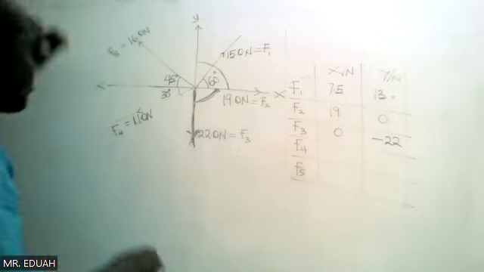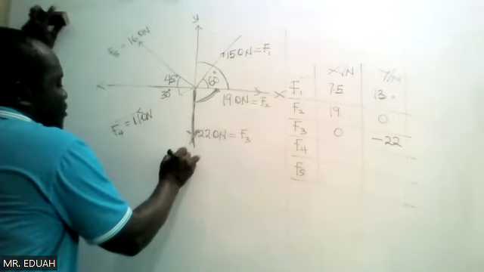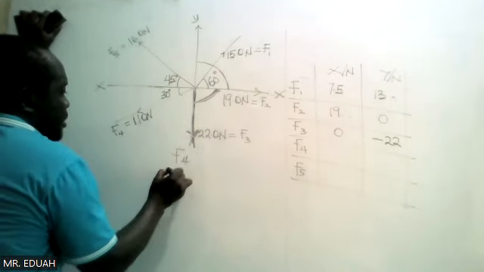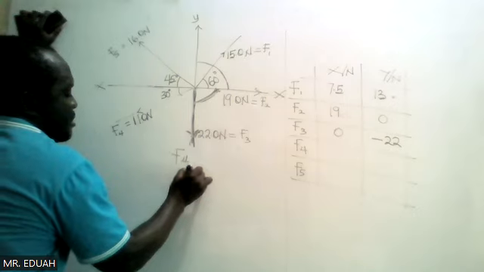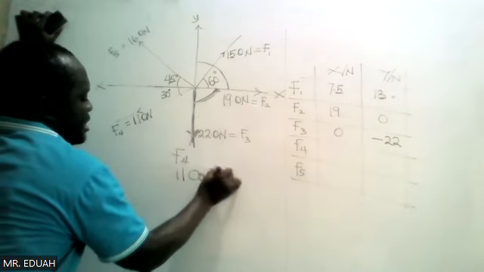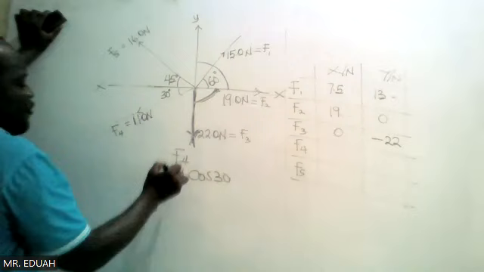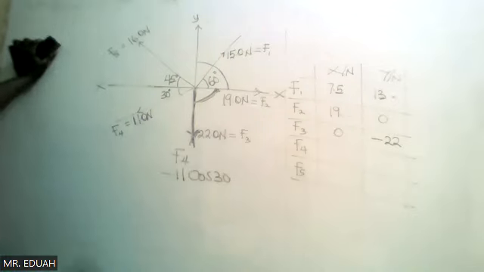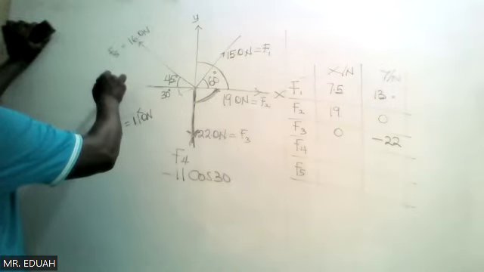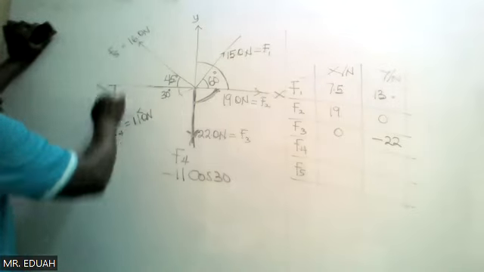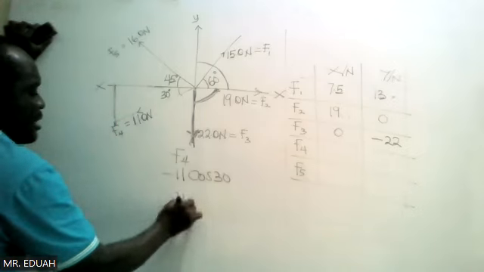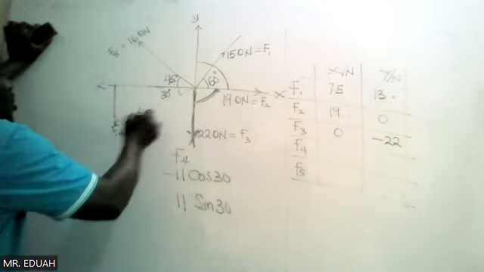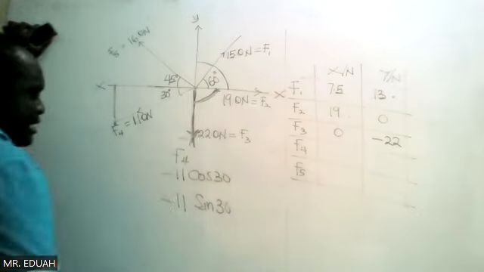F4. F4 makes an angle of 30 degrees with the x. So 11 cos 30. But this x component falls within the negative x and so minus. Then what's the vertical component? So 11 sine 30. The y component also falls within the negative y, so minus.